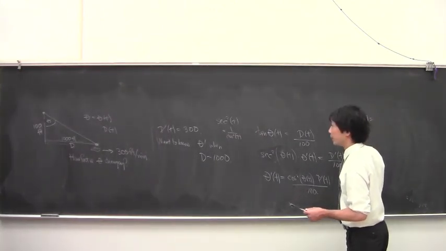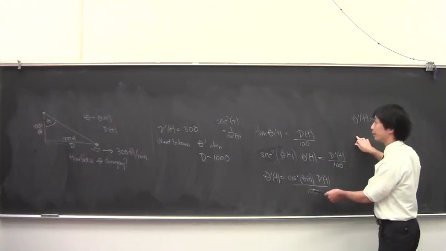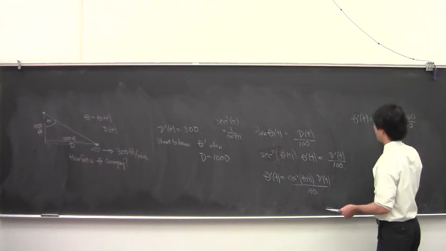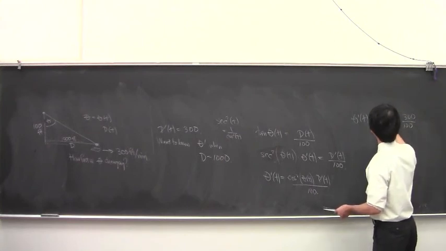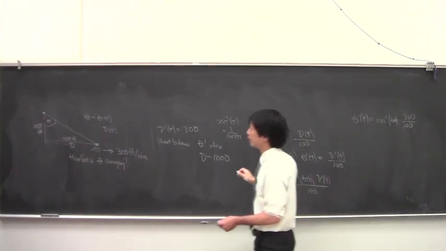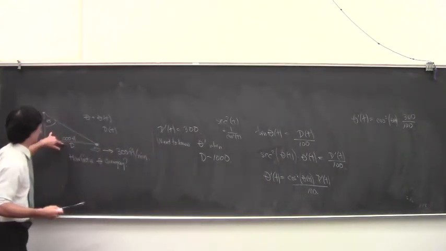Theta prime is going to be d prime over 100, so that's 300 over 100, times the cosine squared of the angle at that point in time. And you can figure out what the cosine is.